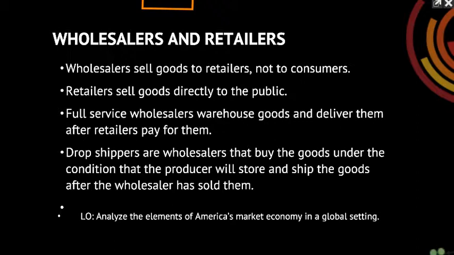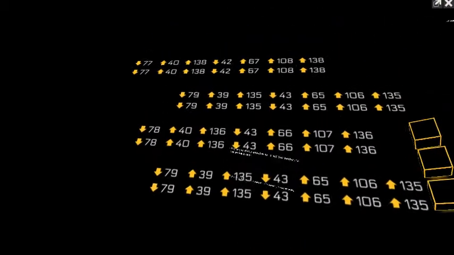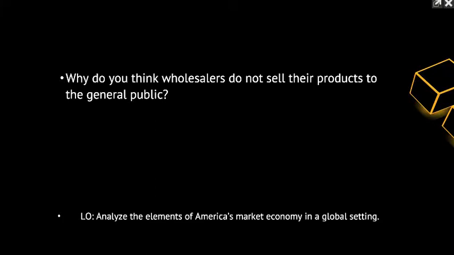They just basically process the sale. A cash and carry wholesaler sells merchandise, but the buyer must pay the shipping. A truck wholesaler sells and delivers at the same time. Why do you think wholesalers do not sell their products to the general public?